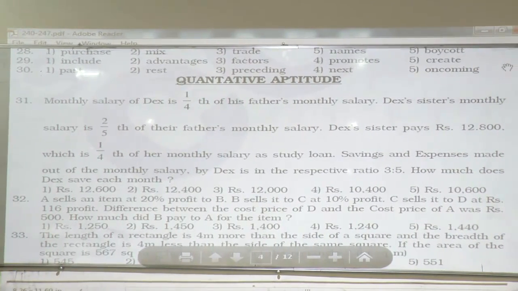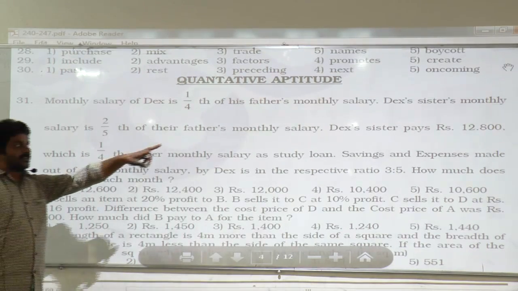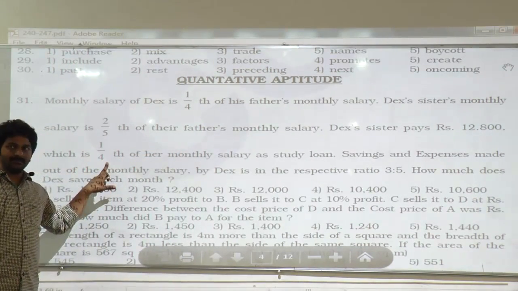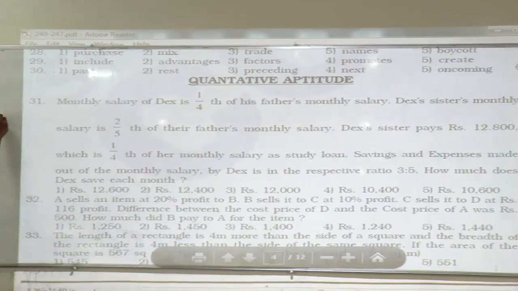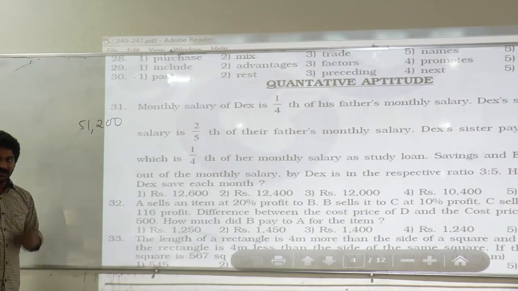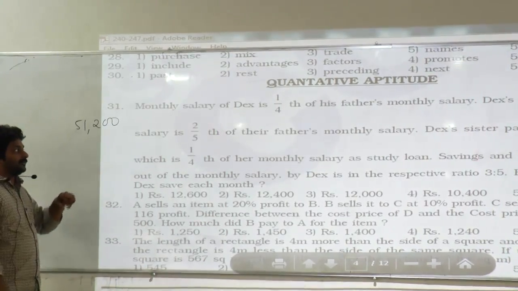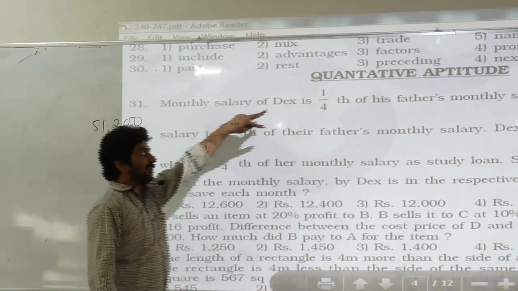Now, Dex's sister's salary is 12,800 into 4. Yes or no? 12,800 into 4, how much is that? 51,200. And Dex's salary and his father's salary are in the ratio 1:4.